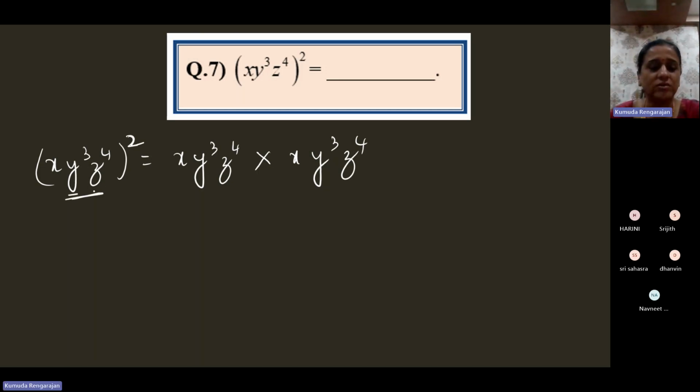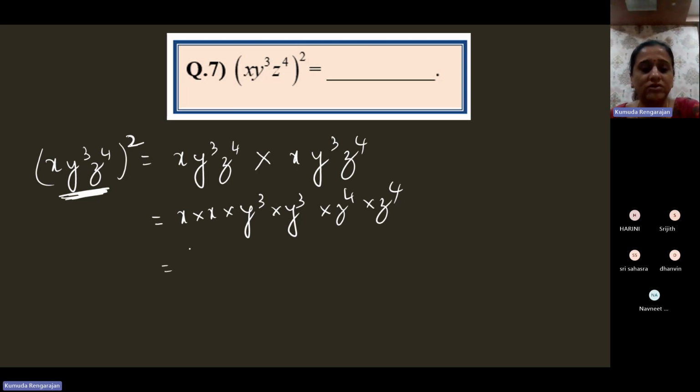This is the base; multiply that with itself. So it's like x into x into y cubed into y cubed into z to the power 4 into z to the power 4.